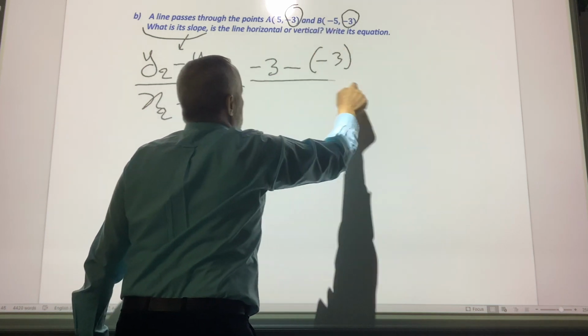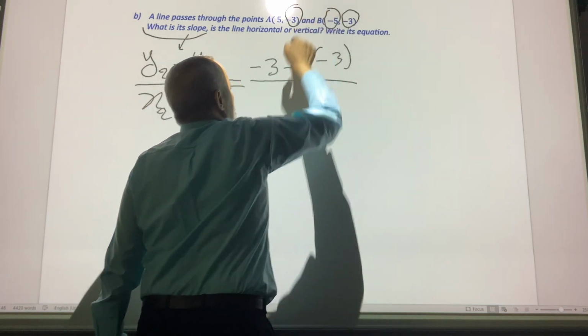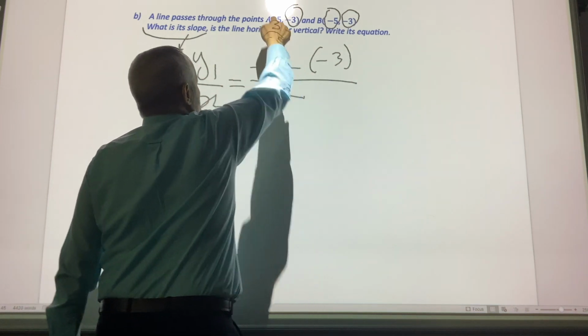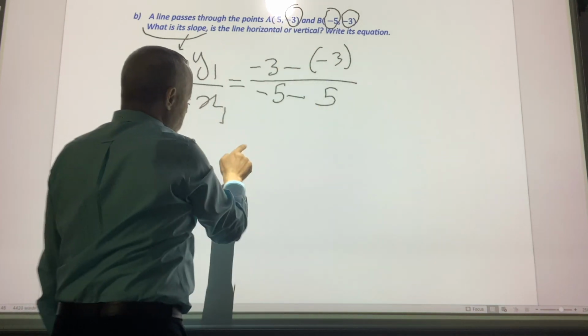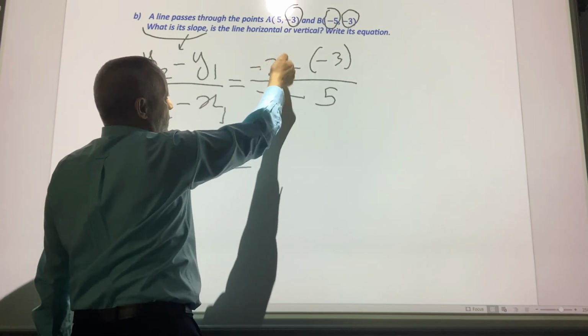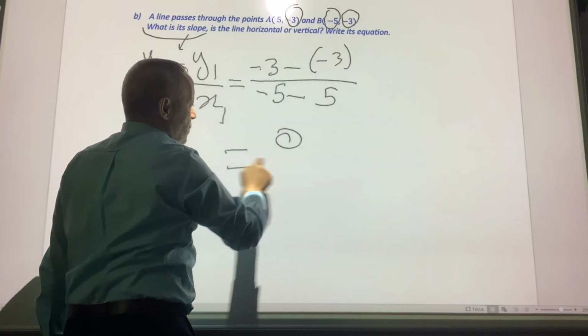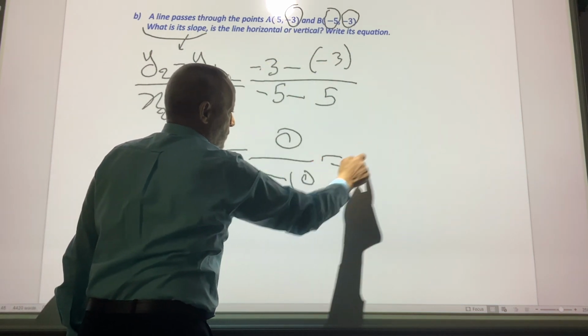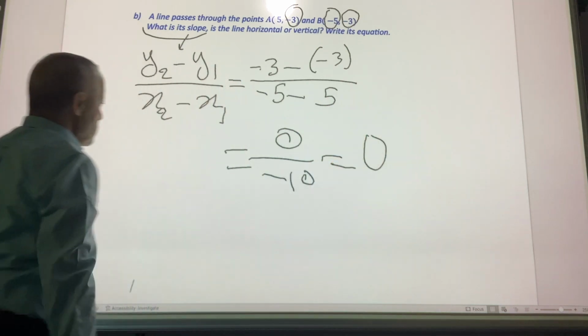Over x2, negative 5, minus x1, which is 5. Calculate this: negative 3 minus negative 3 is 0, over negative 10, which is 0. So the slope is 0.